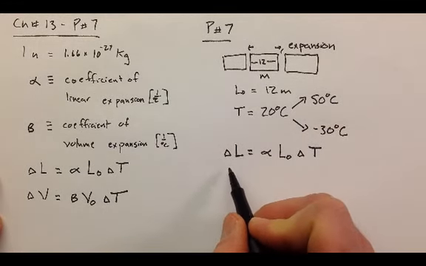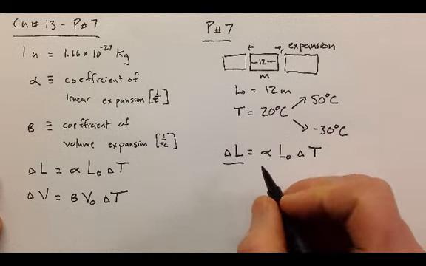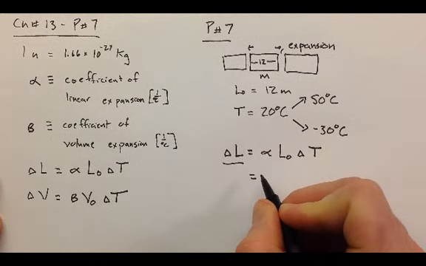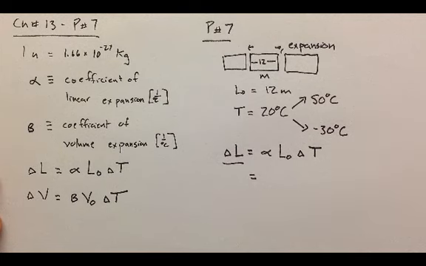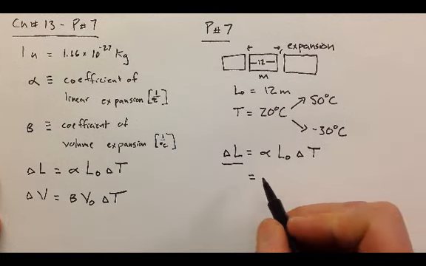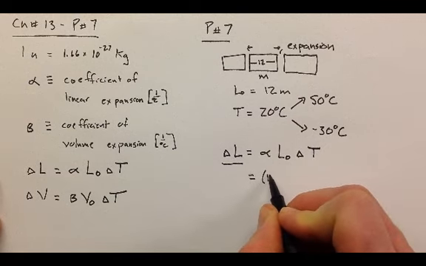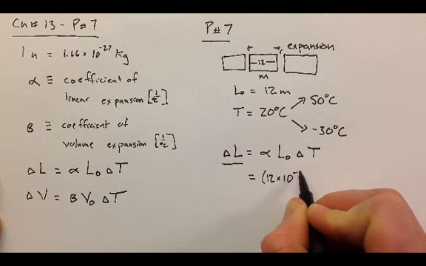So our overall expansion that we're looking for in the problem is delta L. Now, alpha, according to the table we were just looking at, table 13.1 on page 358, the alpha for brick or concrete is about 12 times 10 to the minus 6.